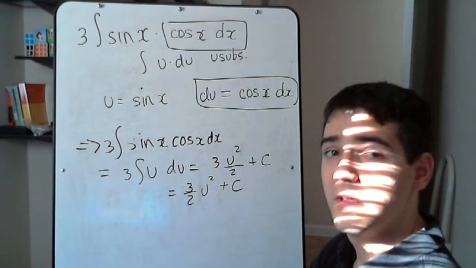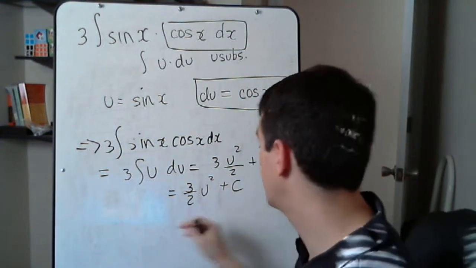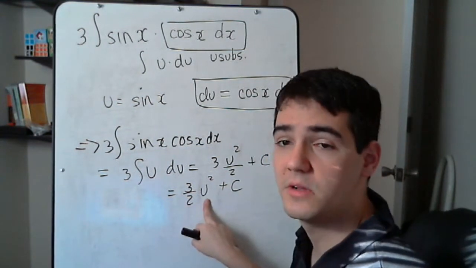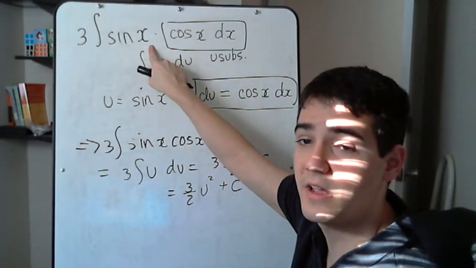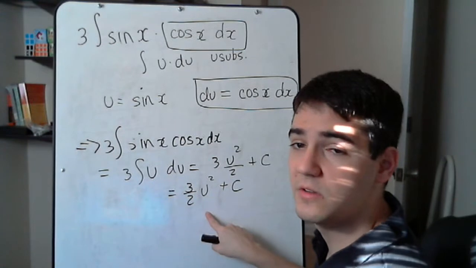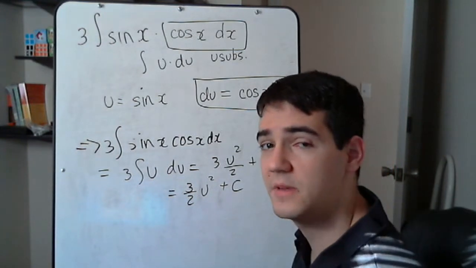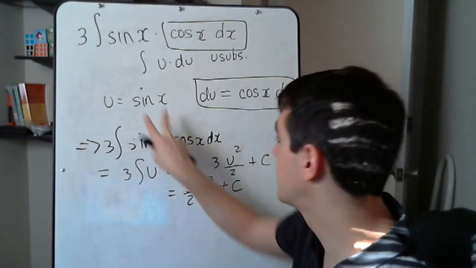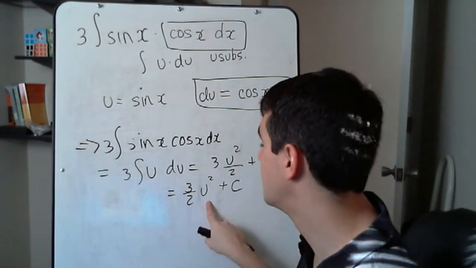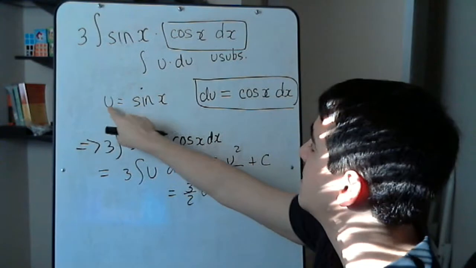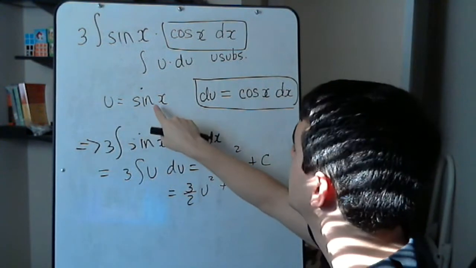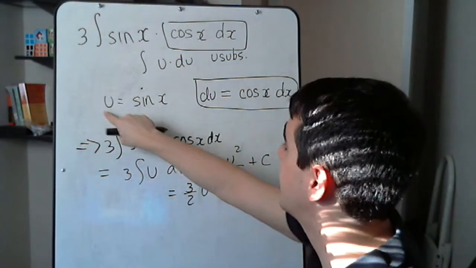Now remember, this is not quite the answer, because our original problem is in terms of x, not u. So we can substitute sine x back in for u. The reason we were able to do that is because we made a correlation between x and u by finding the derivative.